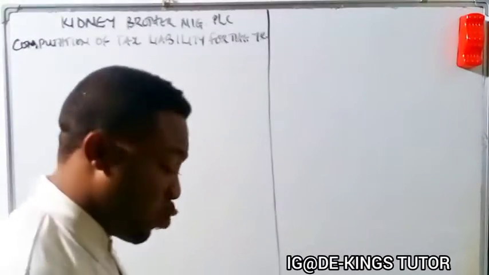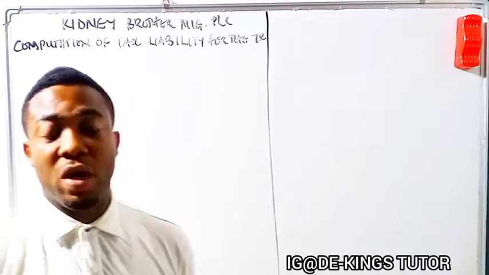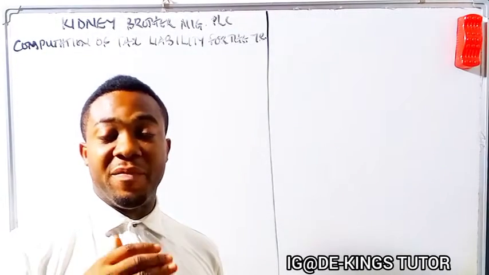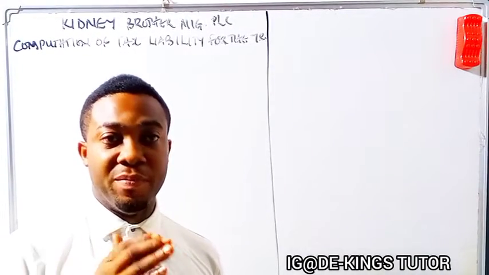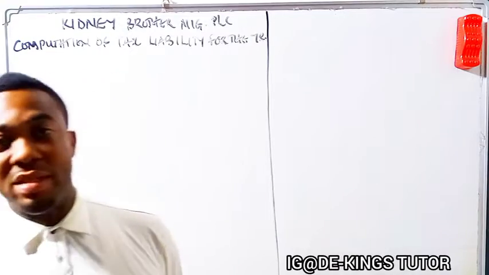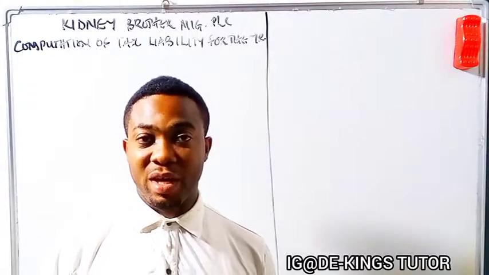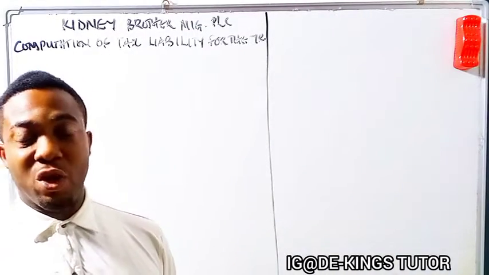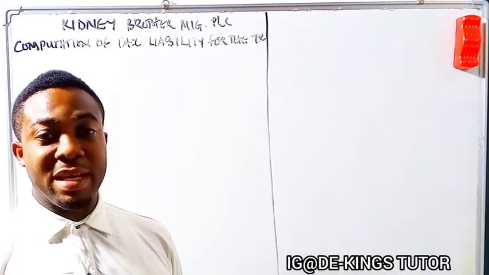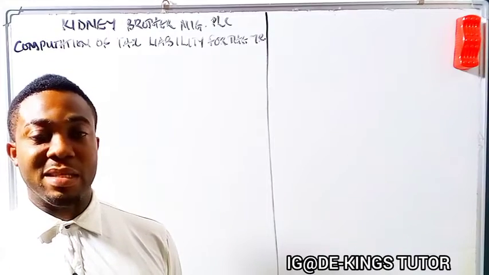Now, there are two ways to prepare this. The first one is you can prepare for Nigeria to see the tax liability, to get the adjusted profit and also get the computation of tax to be paid. And you can also prepare for Kenya separately.